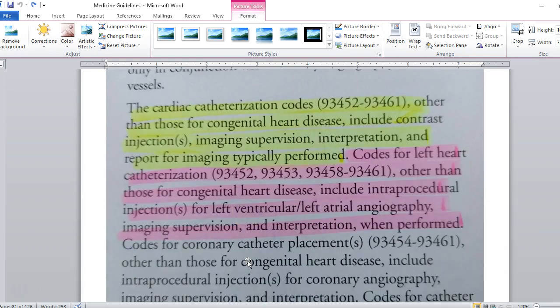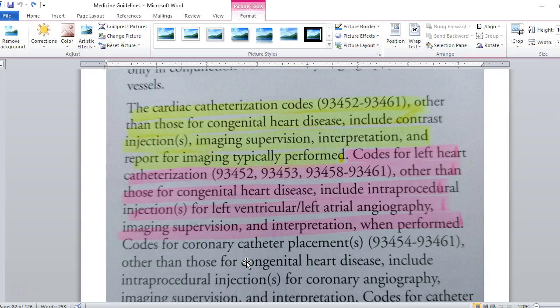Okay. Now it goes on to tell us the cardiac catheterization codes 93452 to 93461, other than those for congenital heart disease, include the contrast injections, imaging, supervision, interpretation, and report for imaging typically performed. Codes for the left heart catheterization 93452, 53, and 58 to 61, other than those for congenital heart disease, include intraprocedural injections for left ventricular and left atrial angiography imaging and interpretation when performed.